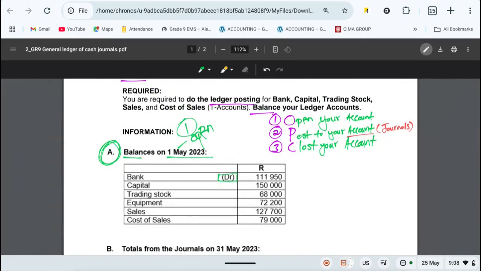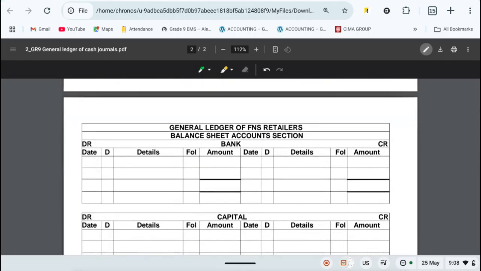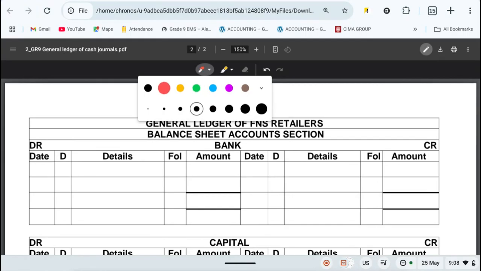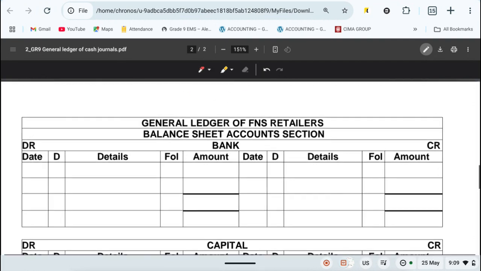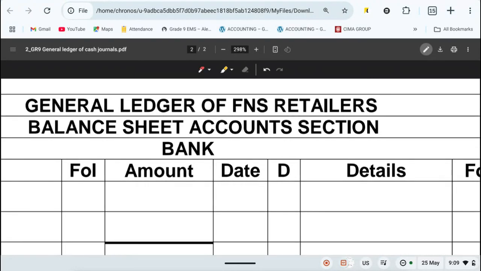I want us to complete the opening of the accounts now. So let's go to our accounts. We are given the answer sheet. Normally what I ask the student to do is just to label their accounts, because it makes it easier when you have to post, when you have to close, and so on. So the first thing is to put each account under a category.